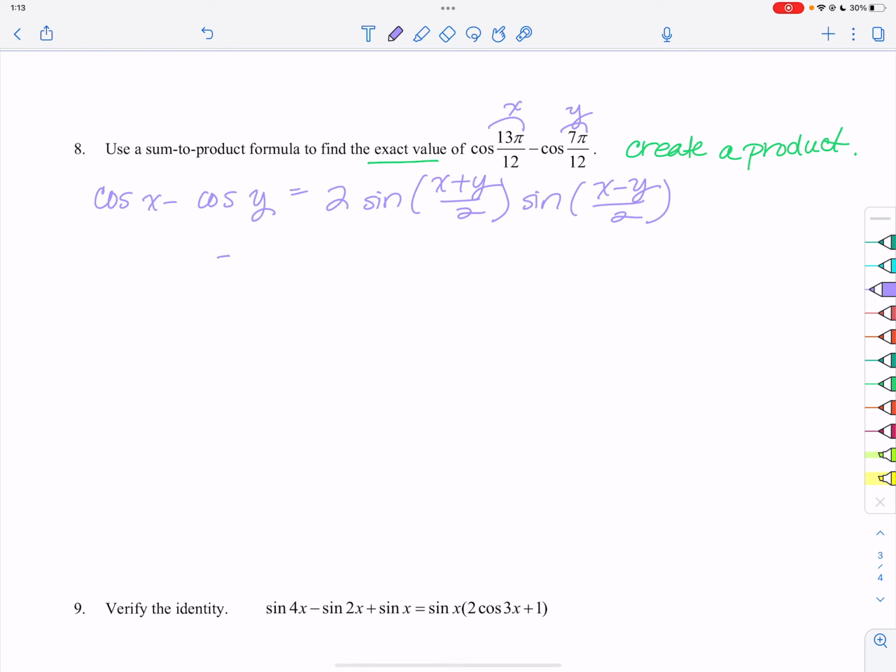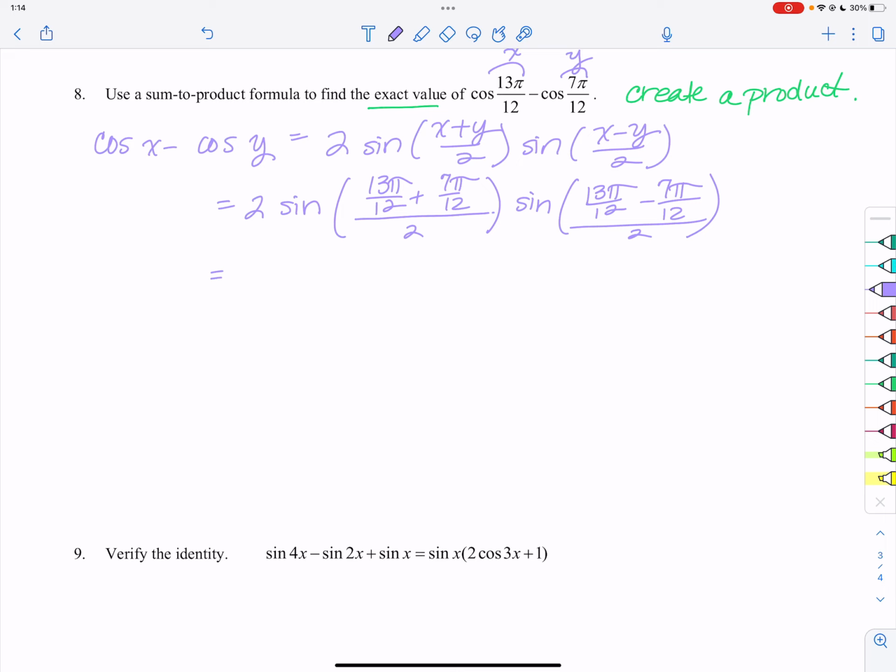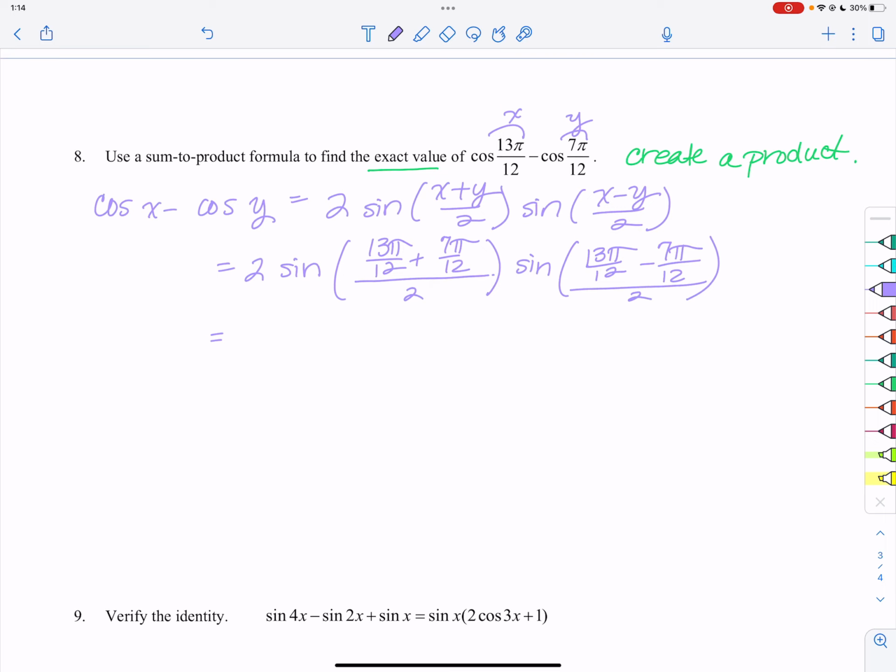So we could say now that that's equal to 2 sine of 13 pi over 12 plus 7 pi over 12, of course that's all over 2, multiplied by the sine of 13 pi over 12 minus 7 pi over 12, all over 2. Continuing to simplify, I think this is supposed to be a negative.